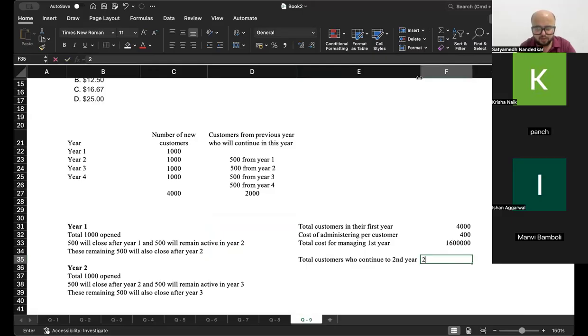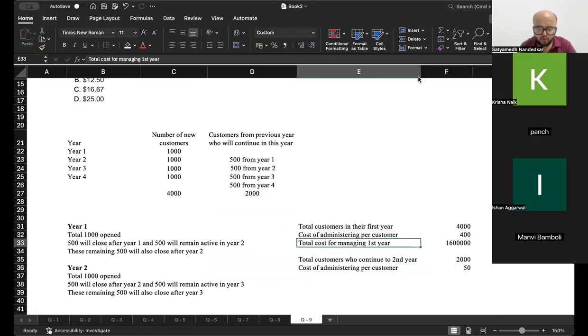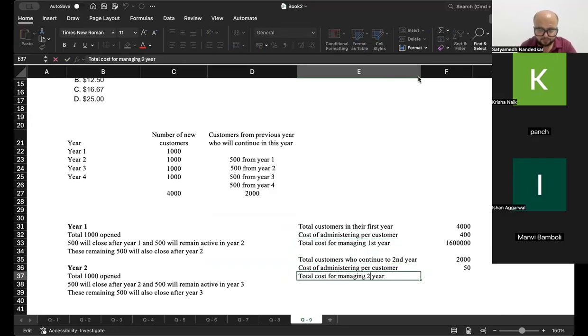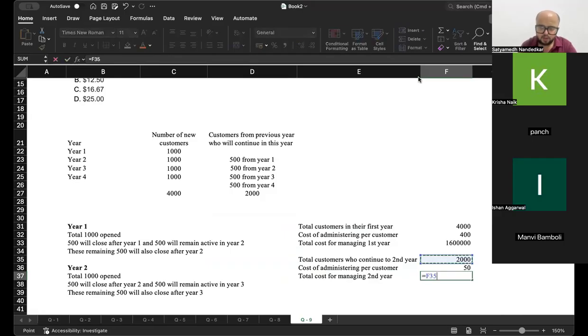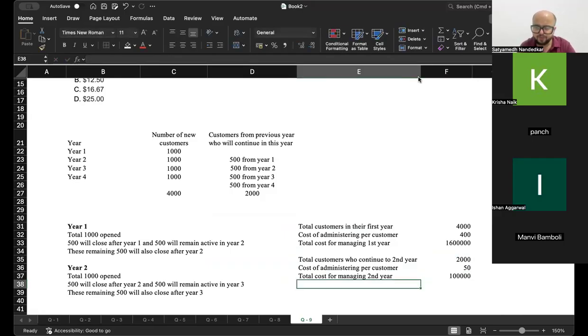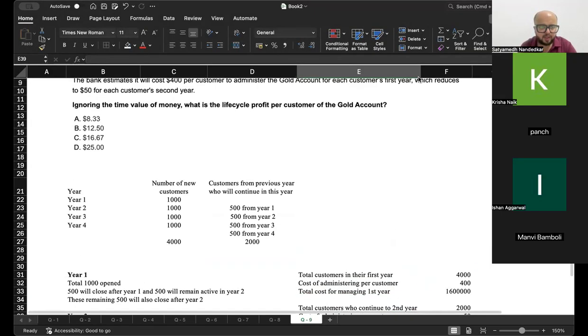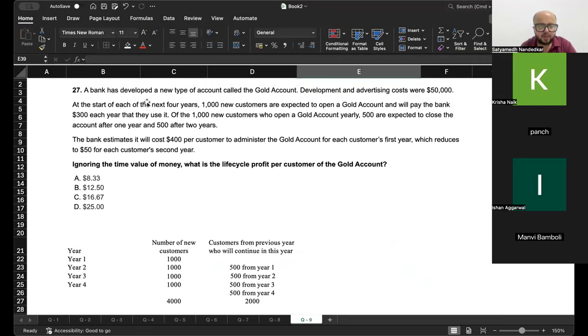How many do you have here? 2000. What is the cost of administering per customer? 50. So total cost of managing second year, 2000 into 50. Suddenly, you know, it has dropped. Okay, and what else? You have how much?